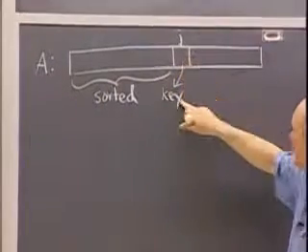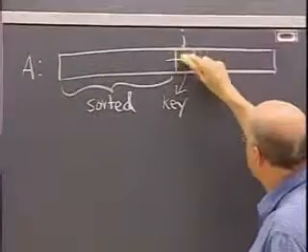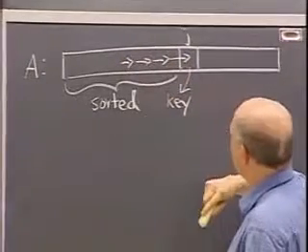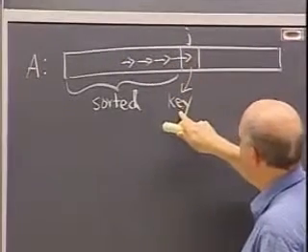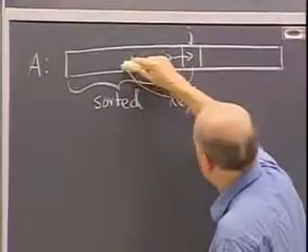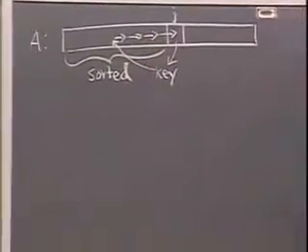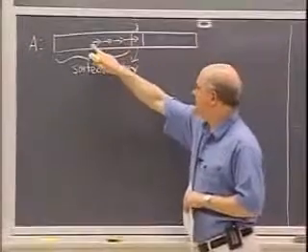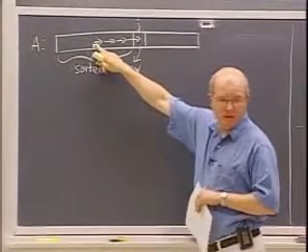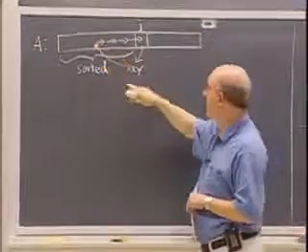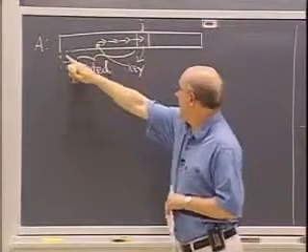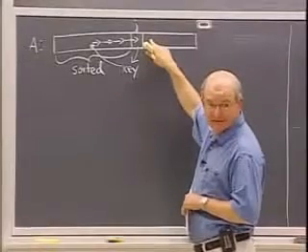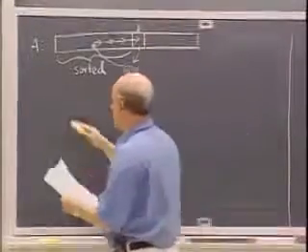And the way we do that is we pull out the key, and then we just copy values up like this. We keep copying up until we find the place where this key goes, and then we insert it in that place. And that's why it's called insertion sort. So we copy the things up until we find where it goes, and then we put it into place. And then now we have that A from 1 to j is sorted, and now we can work on j plus 1.